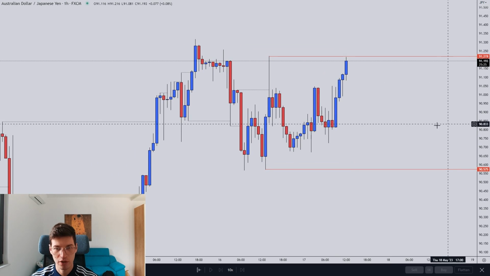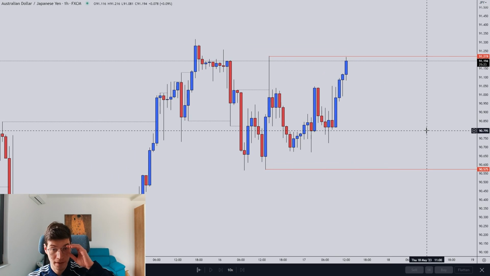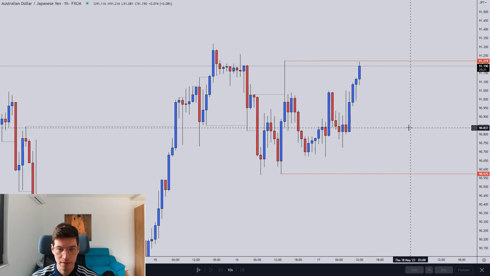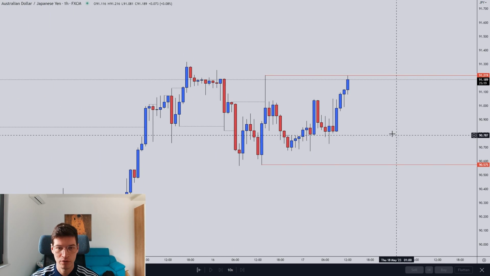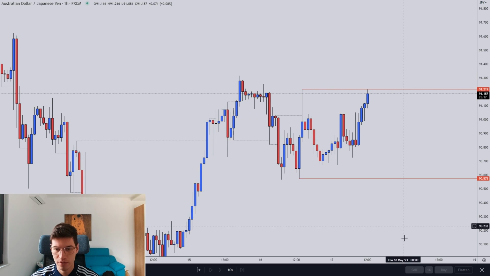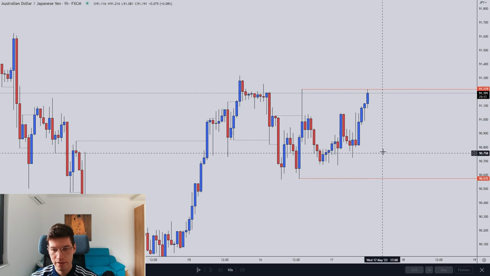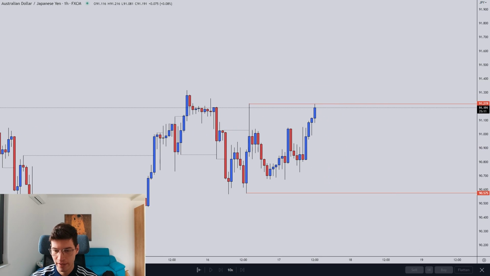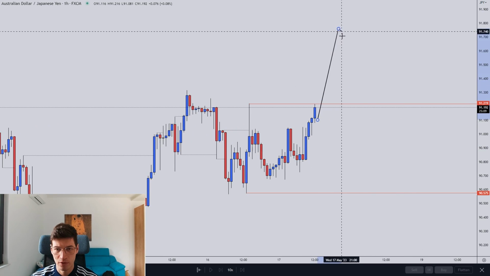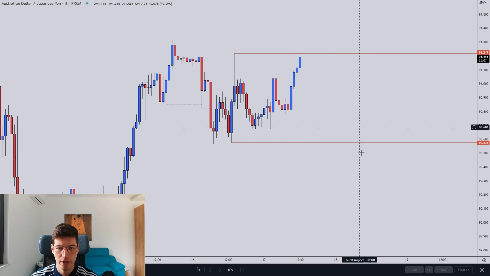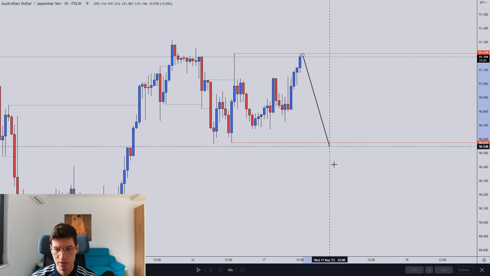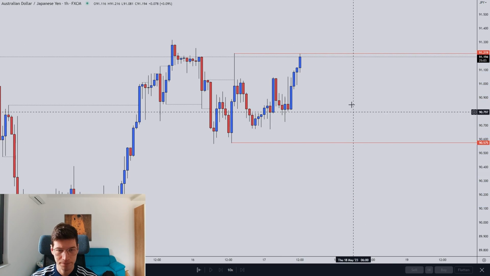We can move on to the Aussie and the Japanese yen. For this pair, I'm seeing larger range-bound price action. I don't see much potential right here. Is this pair on my watch list? No. Again, I'm waiting for a breakout to the upside or a breakout to the downside. I'm just being much more patient with this one.